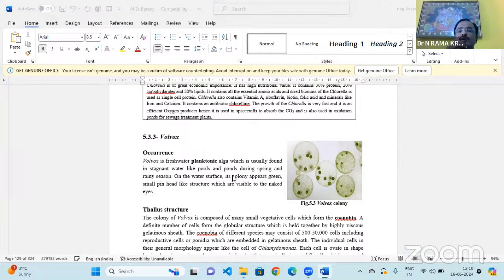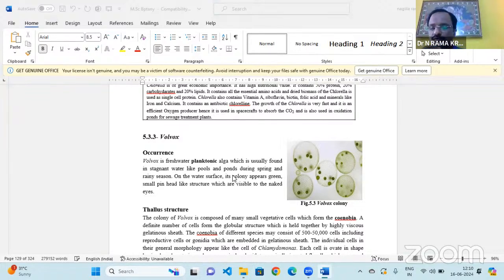What type of cell wall is found in Chlamydomonas? The cell wall is a thin, transparent layer, so some chemicals go inside and some come from inside to outside.